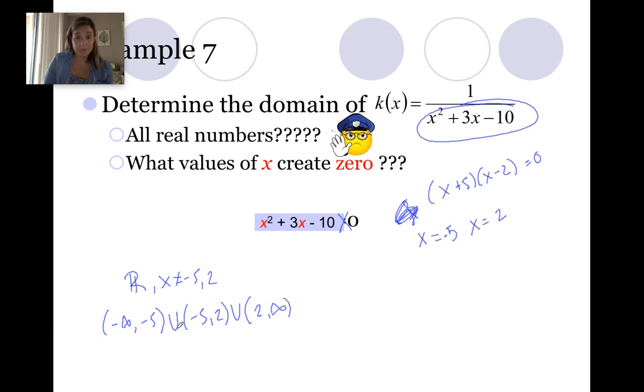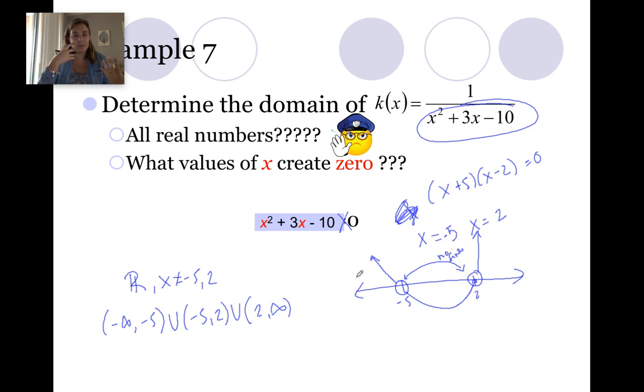That works too. If I were to do the number line with -5 and 2, these are going to be open circles because it can't equal them. This is fine, this is fine, this is fine. These dots are not fine.